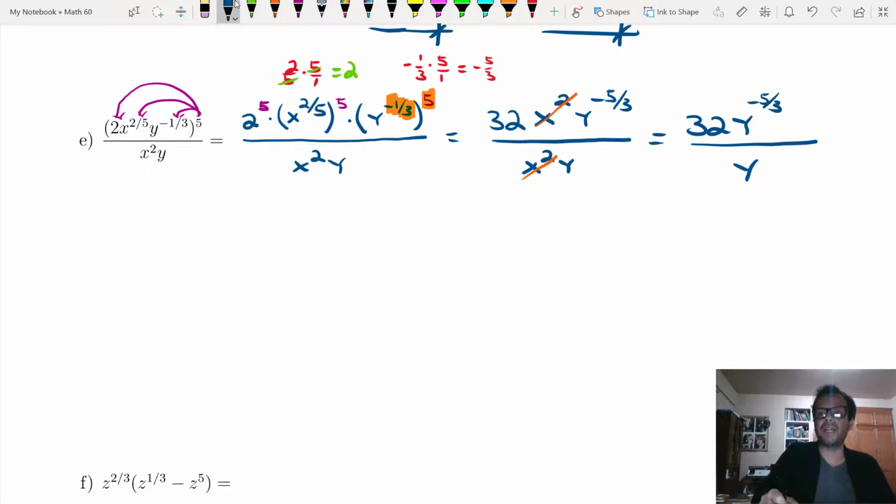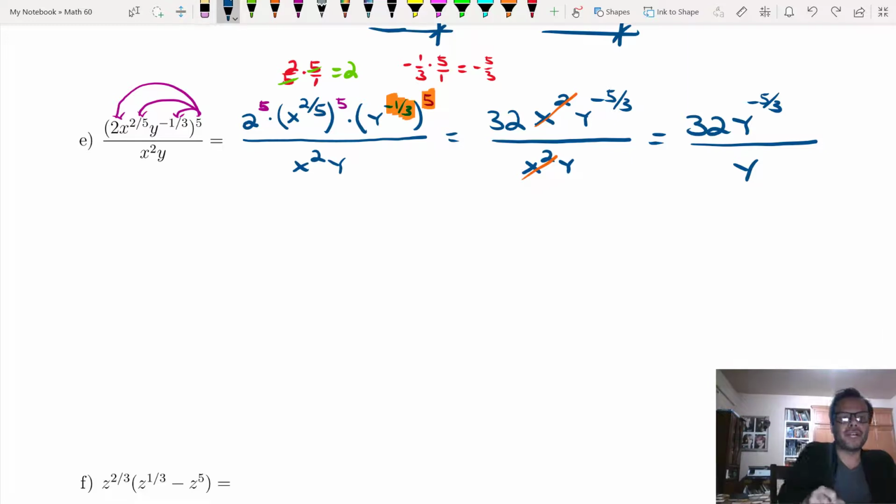Now it looks more like a power, not like a difference, all right? So when I look at this, y to the negative 5/3 divided by y to the first power, essentially, right? We're going to use the quotient rule in which we subtract the exponents, right?